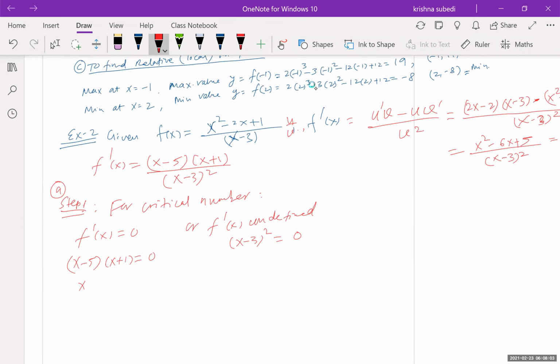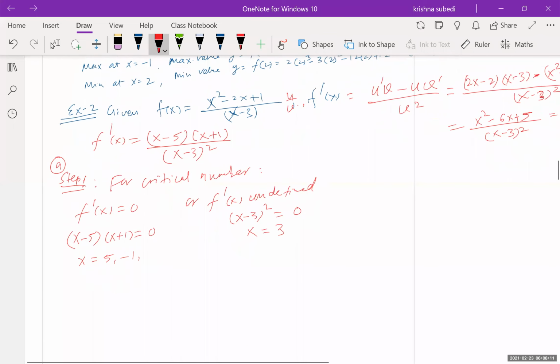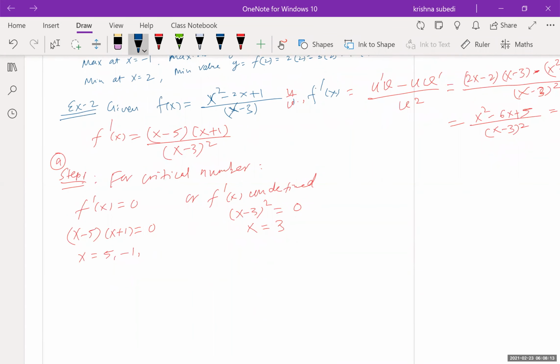So from this one, I got x equals 5 and -1. And from this side, I'm getting x equals 3. Now, the question is, what are the critical numbers? So critical numbers are x equals 5 and -1, because x equals 3 is not in the domain.